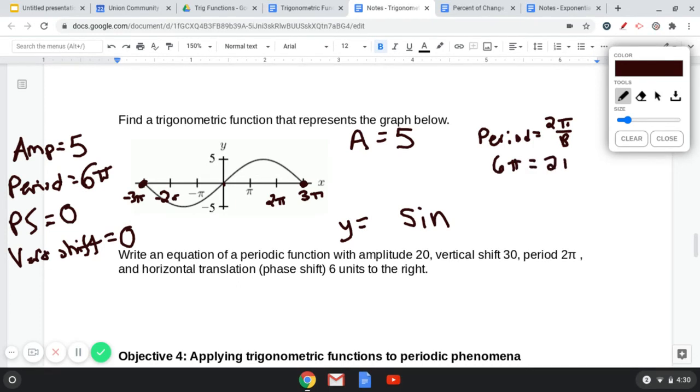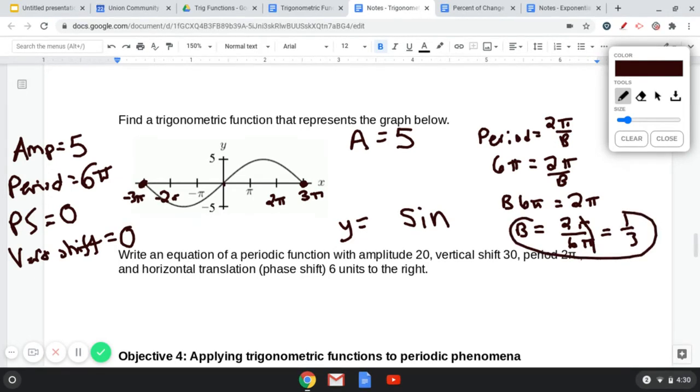So 6 pi equals 2 pi divided by B. Let's multiply both sides by B, so we get B times 6 pi equals 2 pi. And now divide both sides by 6 pi, so B is 2 pi over 6 pi, which is really just, these pi's cancel out, this is just 1/3. This means that our B is 1/3.